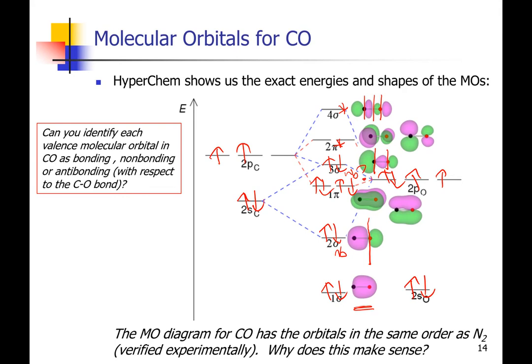At this point, we really need some experimental evidence to back us up and tell us whether those middle orbitals, the 2 sigma and the 3 sigma, are in fact a bonding anti-bonding pair or whether they are actually both non-bonding.